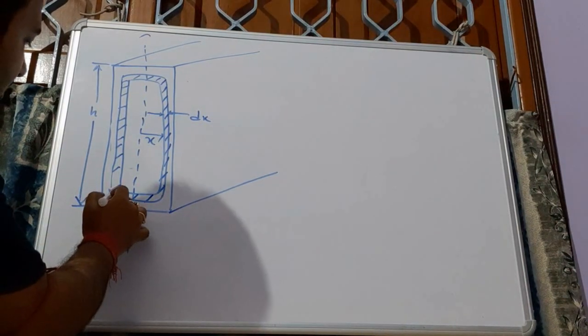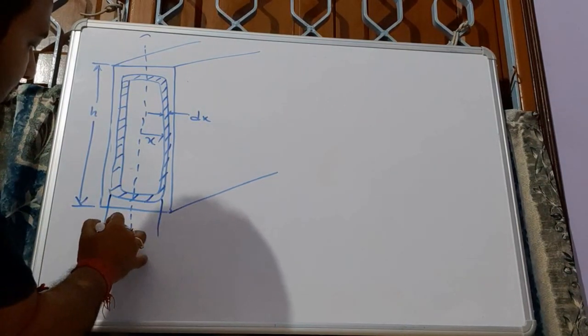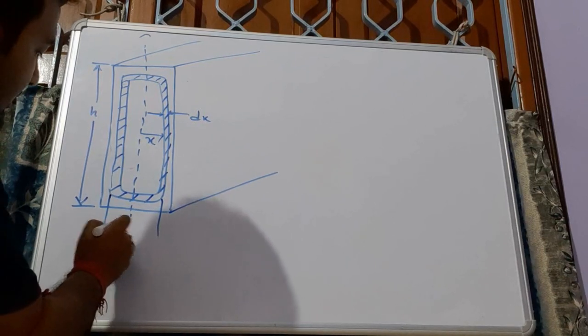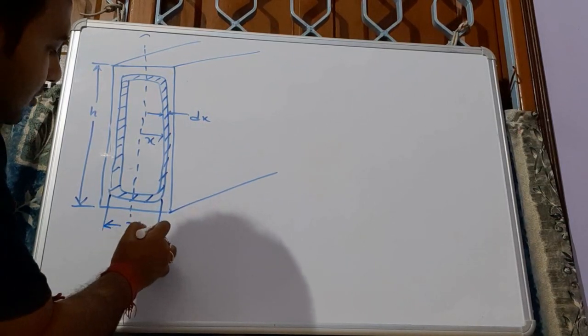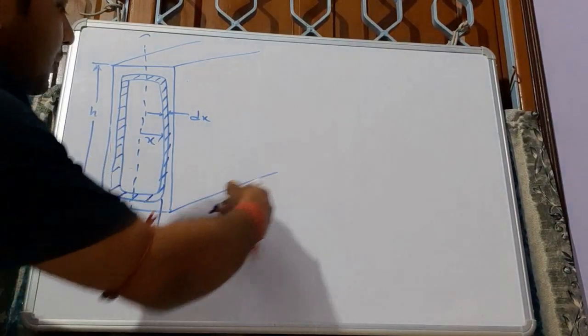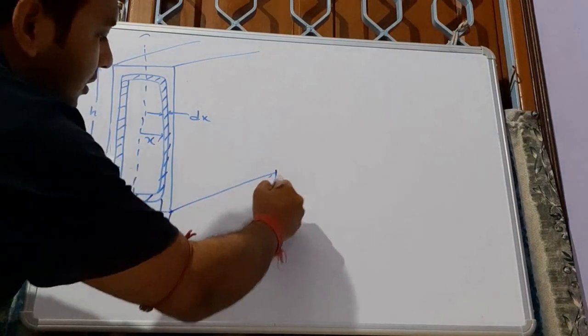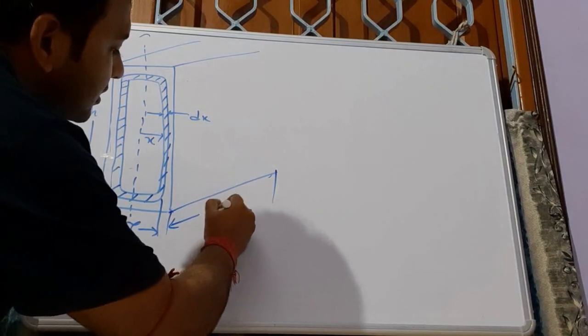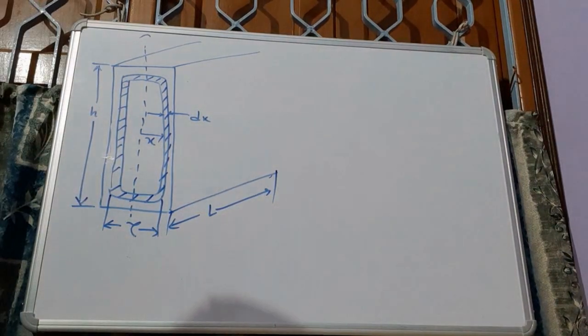And the width of this closed path, say, is equal to tau, and the length of this thin plate is, say, L, right?